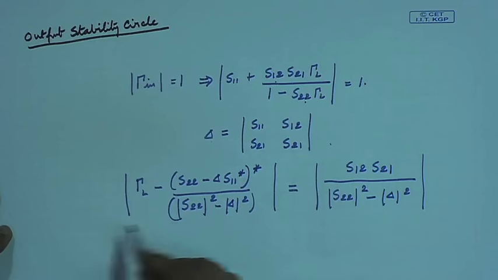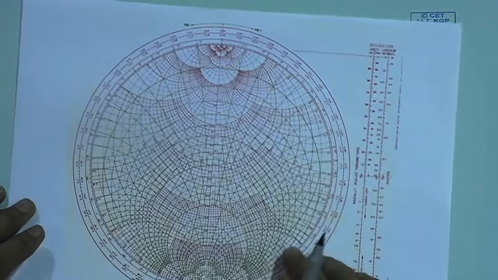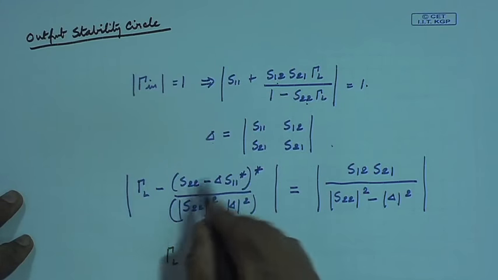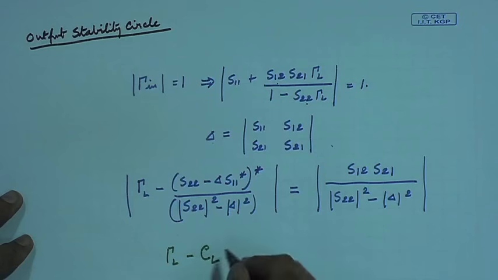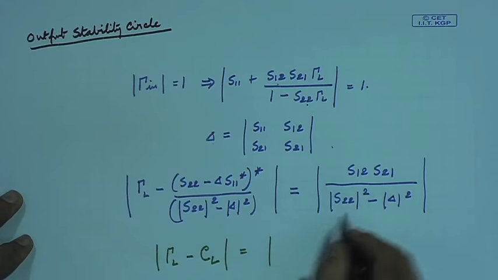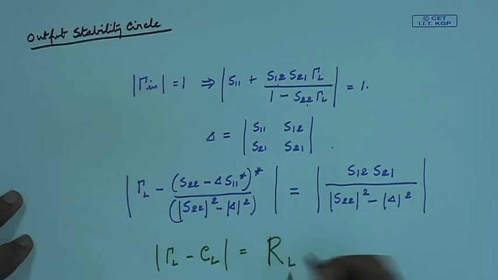In the complex plane, this represents a circle, because I can write it in the form magnitude of gamma L minus CL, where CL is a complex number, equal to some real value, which I call RL.